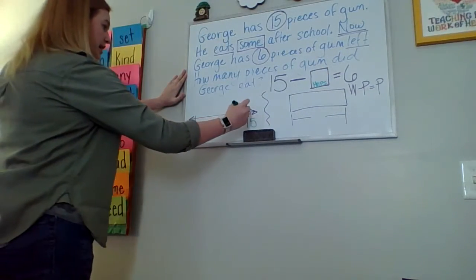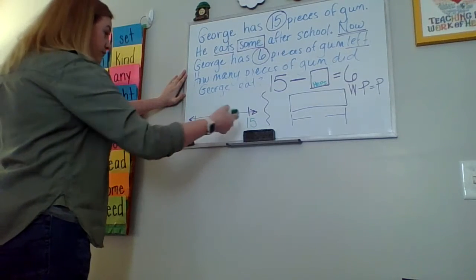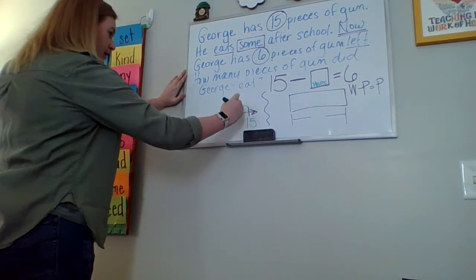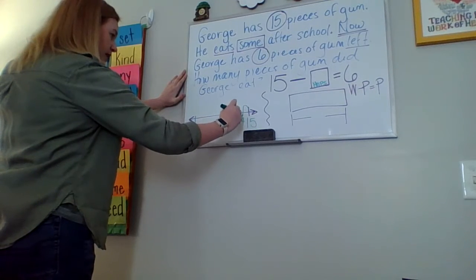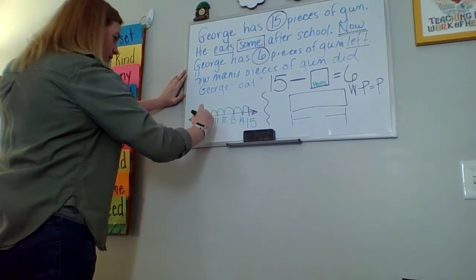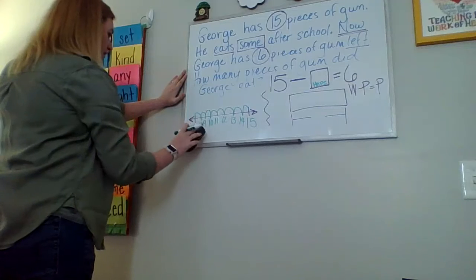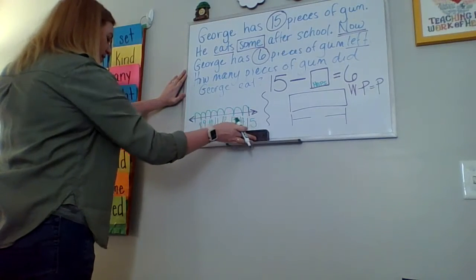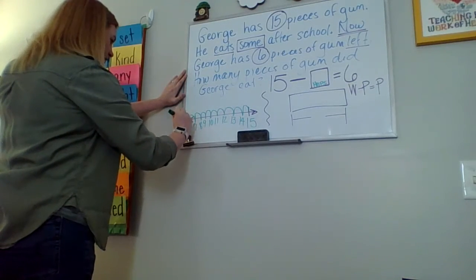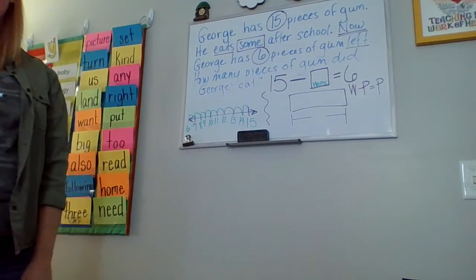So I could do 6 and count to 15, or I could just count back from 15, 14, 13, 12, 11, 10, 9, 8. This is going to have to be 7. I'm going to have to extend my number line. That's okay. 7 and 6. Now I would count my hops to find the answer.